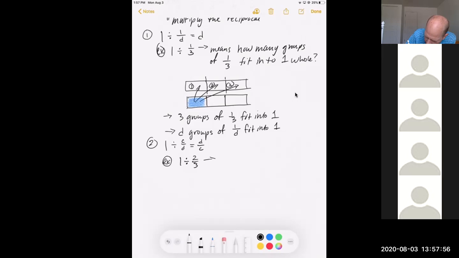And so we have to think what that means. It means how many groups of 2/3 fit into the whole. So that's what that means.